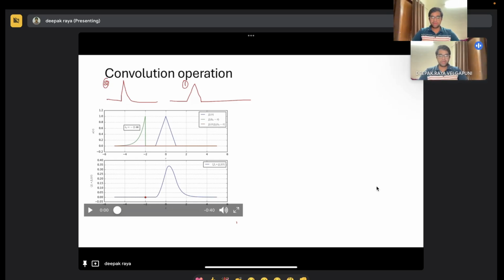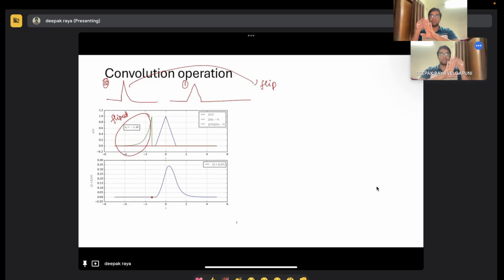You flip signal 2, and you have a triangle, and you start shifting the flipped version in time. As it overlaps you multiply and you get the area of that curve. Overlap, multiply, area under the curve. So that is the convolution operation.